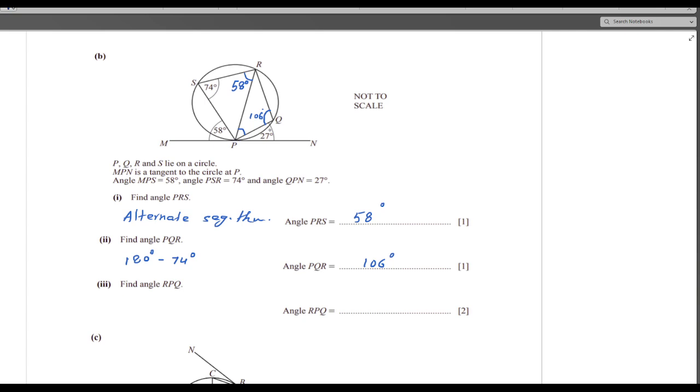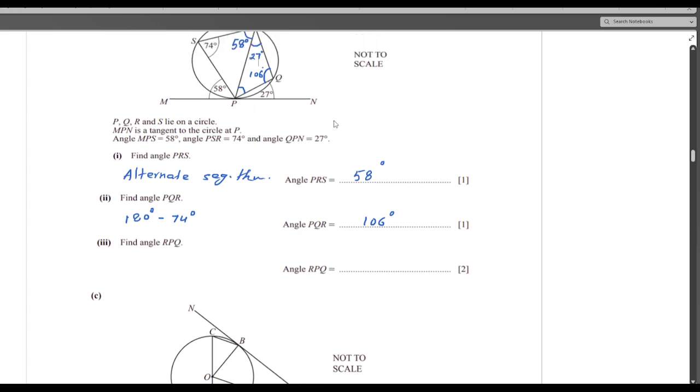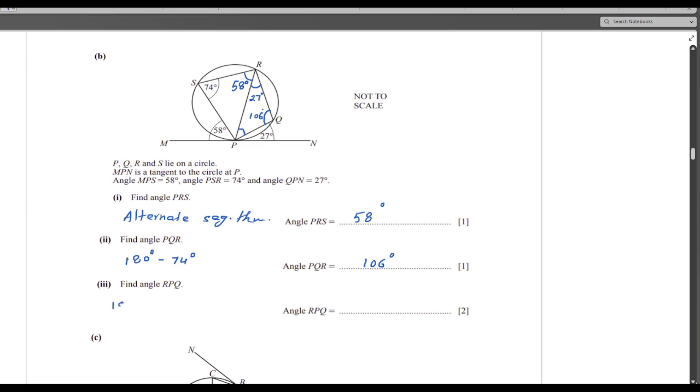So if the tangent to PQ makes an angle of 27 degrees, here also we have 27 degrees by the alternate segment theorem. So angle RPQ will be 180 degrees minus 27 degrees minus 106 degrees, and you will get your answer as 47 degrees.